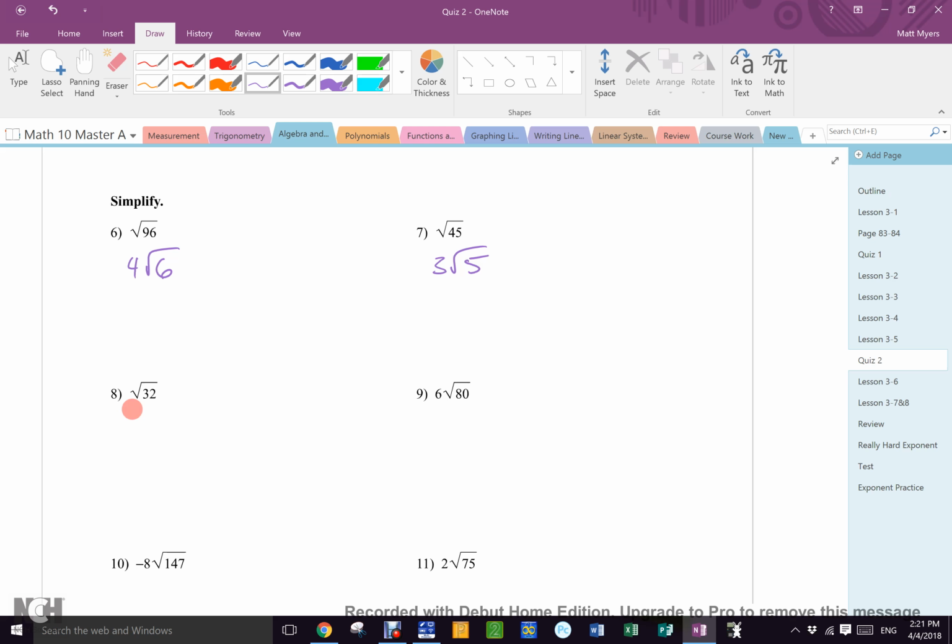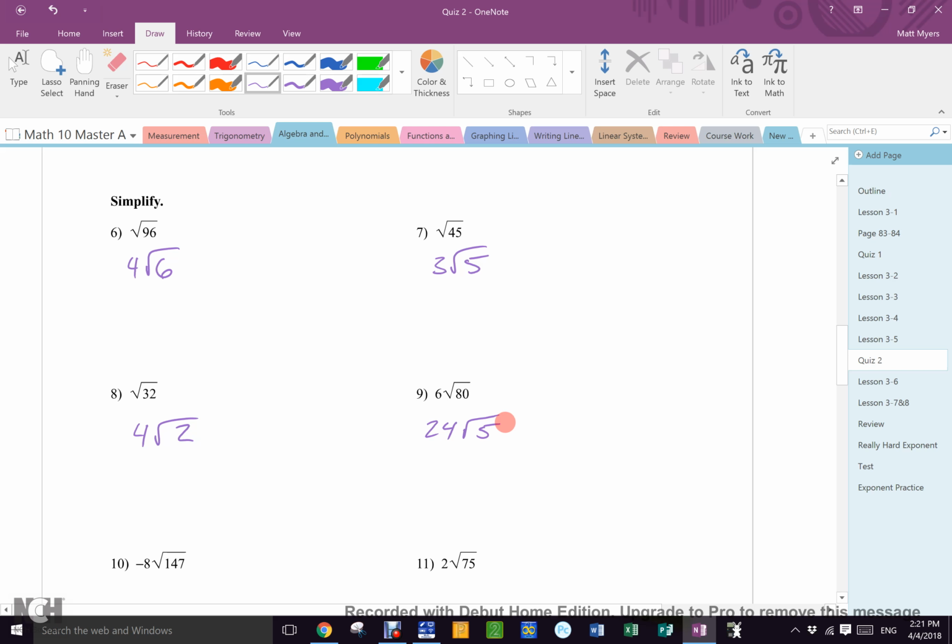Shamir, way to step up here and take over. Well done. 4 root 2, he said angrily. 2, 1. Yay. And number 9. Who's up for number 9? Corey. 24 root 10? Root 5.